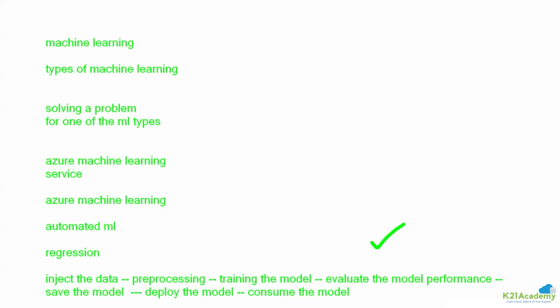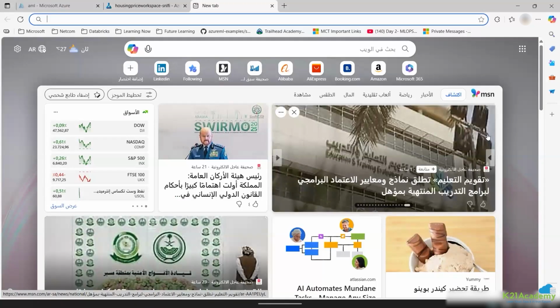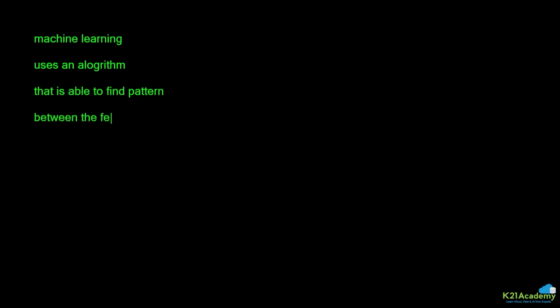Now, what is machine learning and what is the difference between machine learning and artificial intelligence? The first thing that we are talking about is machine learning. Machine learning uses an algorithm that is able to find patterns in the data, patterns between the features and the target.